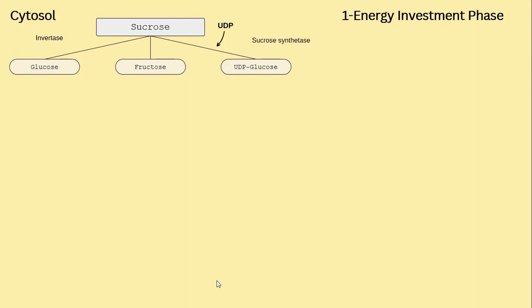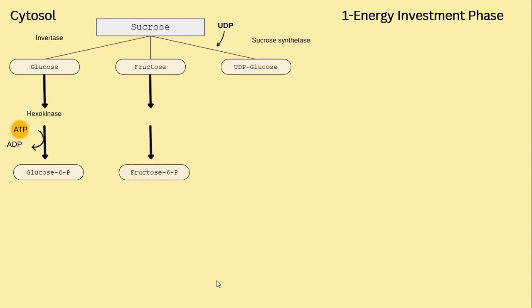Now glucose is immediately converted into glucose 6-phosphate by utilizing energy of ATP and the enzyme hexokinase. And fructose is immediately converted into fructose 6-phosphate by utilizing energy of ATP and the enzyme hexokinase. Both glucose and fructose are interconvertible using the enzyme hexose phosphate isomerase.